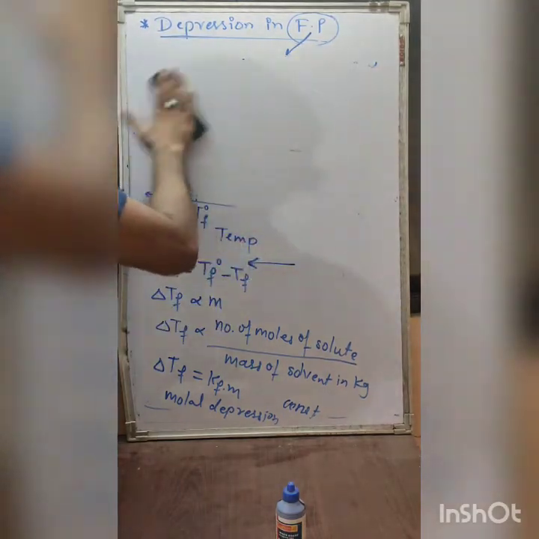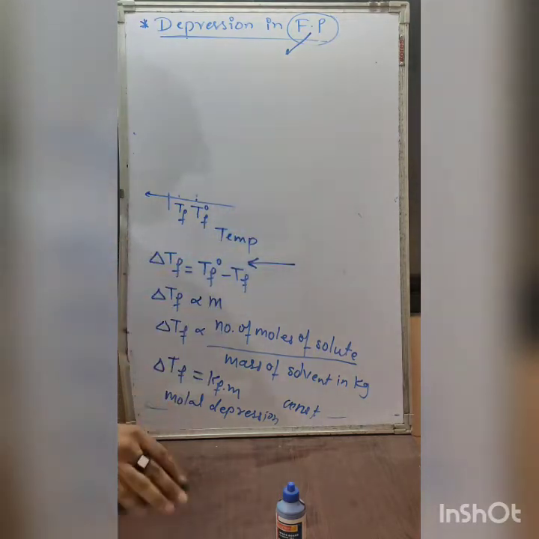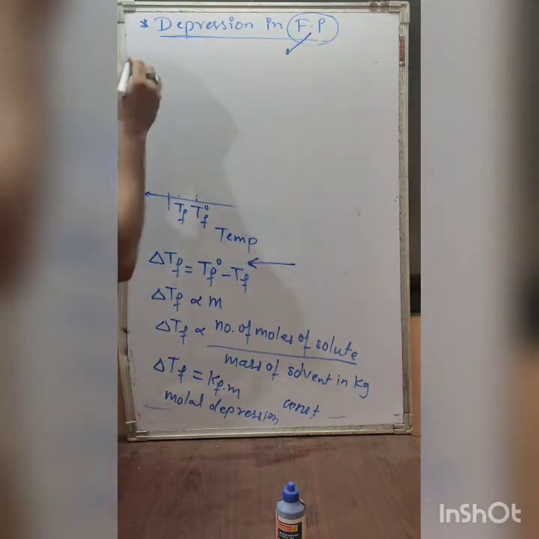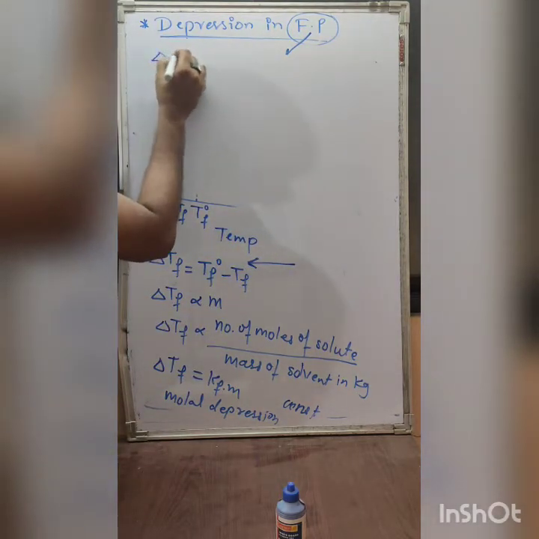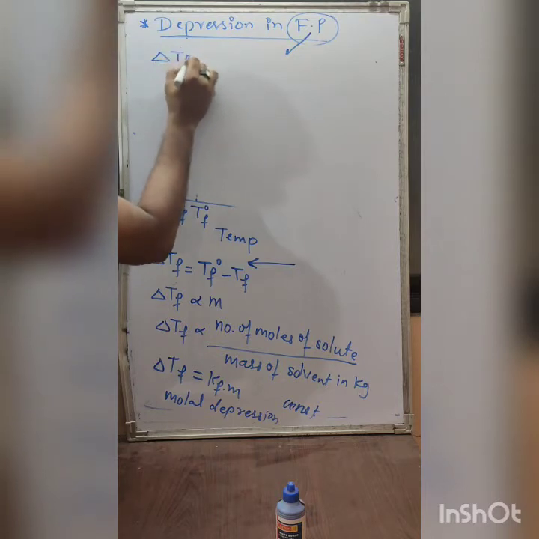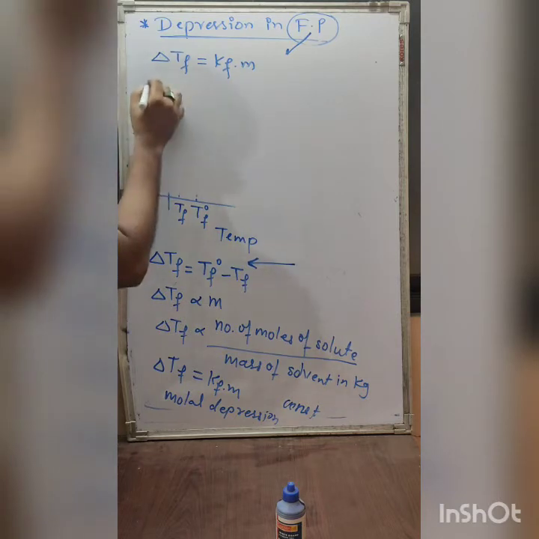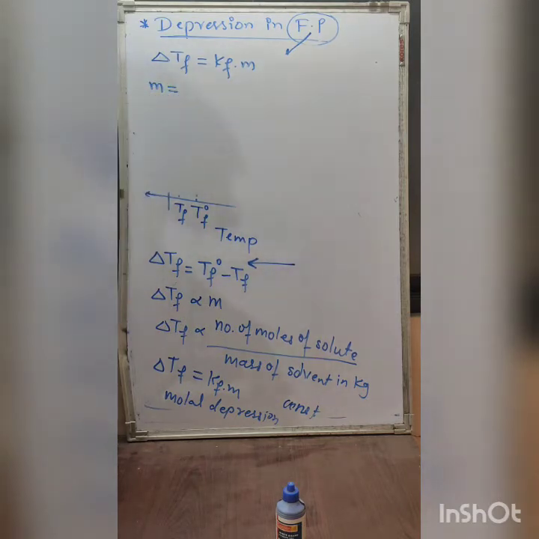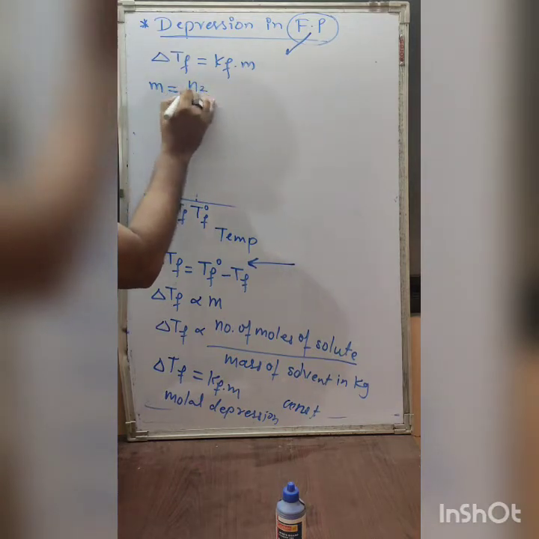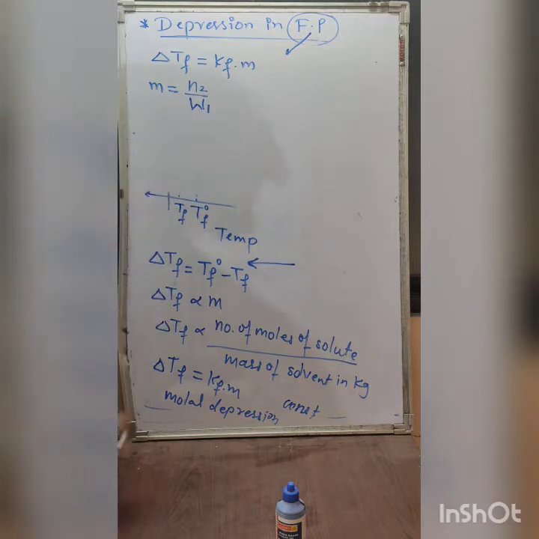molar mass of solute and depression in freezing point. Okay. So as we know, delta Tf is equal to Kf into m. And what is m? m is molality, which is defined as number of moles of solute upon mass of solvent in kg.